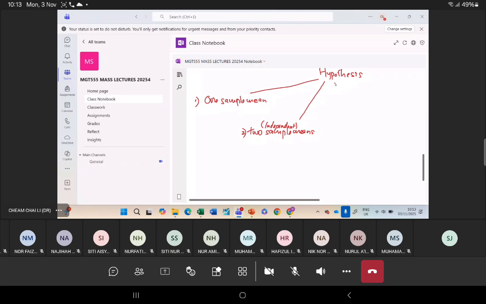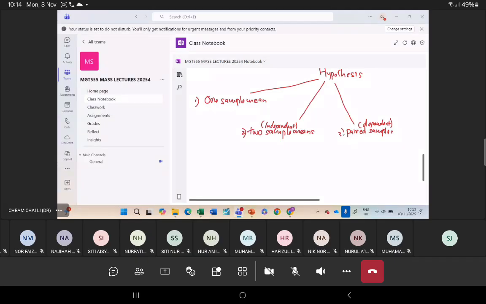And we also have a paired sample. So the paired sample also means two groups, but these two groups are dependent. Mereka saling berkaitan, right? Yeah, this is the third hypothesis.